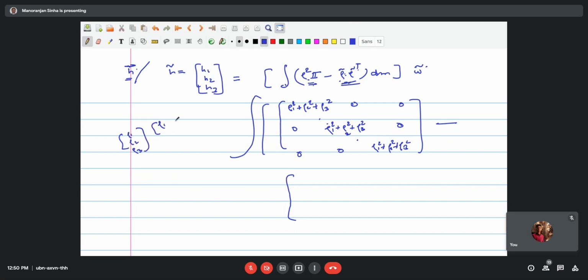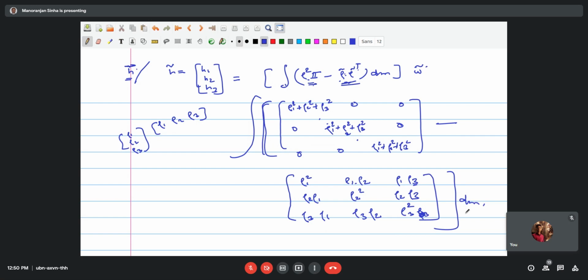The second vector is rho 1, rho 2, rho 3, like this. And then you get this as rho 1 square, then rho 1 rho 2, rho 1 rho 3, and similarly the other terms. So rho 2 rho 1, rho 2 square, rho 2 rho 3, and then the third row, rho 3 rho 1, rho 3 rho 2, and then rho 3 rho 3, so we simply write this square. So this is minus, and then the whole thing is to be integrated.